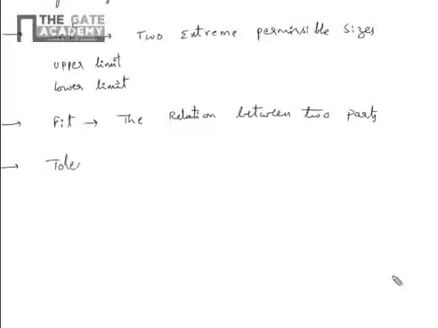Tolerance. So what is tolerance? Tolerance is permissible variation in the dimension of a part. It may be either a hole or a shaft. Suppose, for example, I want to manufacture a bolt of diameter 10 mm, in a quantity of 1 million. I can't manufacture all million components at exactly 10 mm.